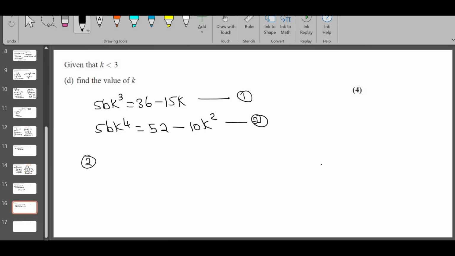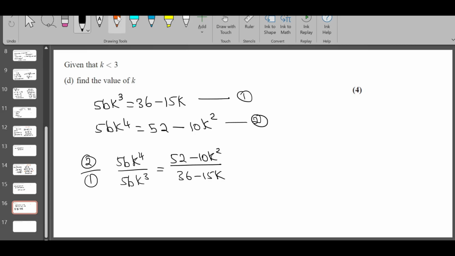When I divide equation 2 by 1 on both sides of the equation, 5bk power 4 divided by 5bk cube is 52 minus 10k square over 36 minus 15k. Here 5b will be cancelled, k cube will be cancelled, we'll be left with k. So k is equal to 52 minus 10k square over 36 minus 15k. Bring it here and simplify, you'll get a quadratic.